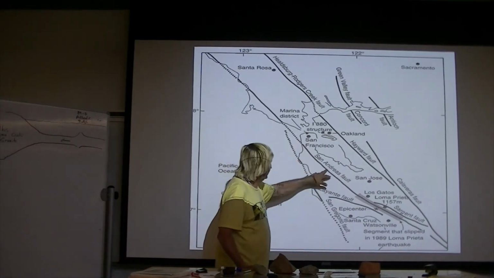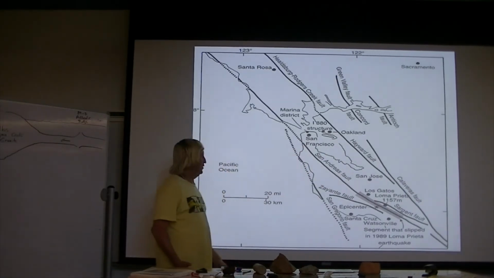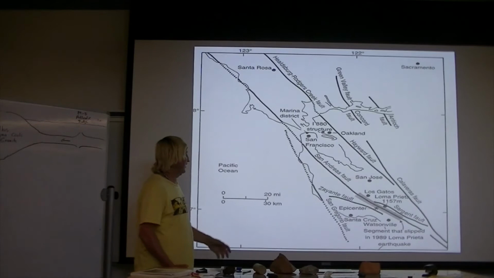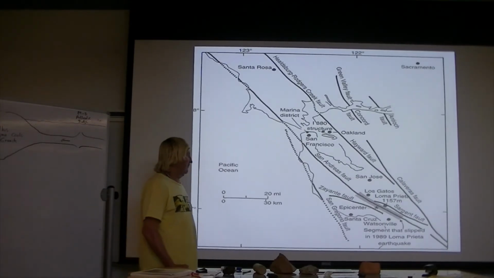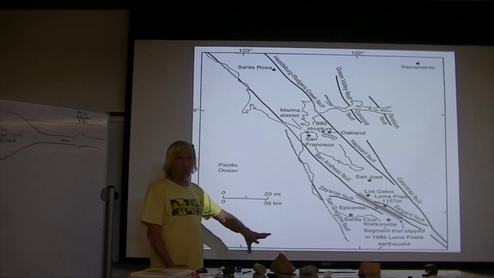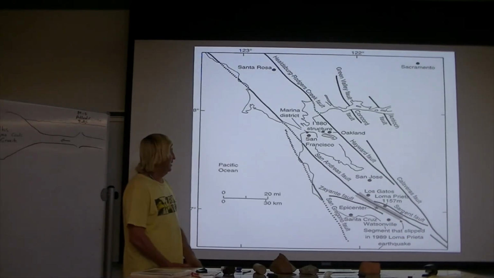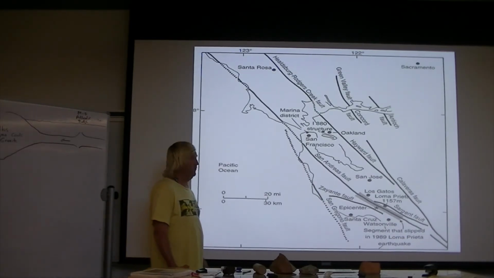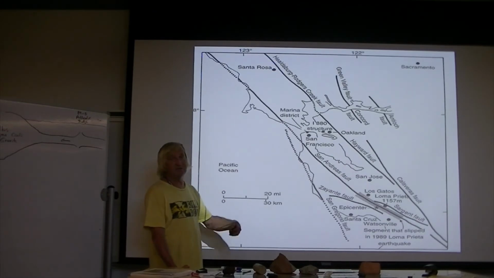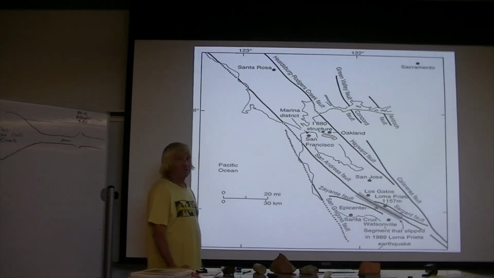This is the part that moved, and it moved between 6 and 8 feet in about 15 seconds, which generated a very large magnitude earthquake that actually destroyed the entire city of San Francisco. It'll probably happen again. A lot of seismologists predict that every 100 years, San Francisco should have a major earthquake. The last one occurred in 1906, and so they're slightly overdue.